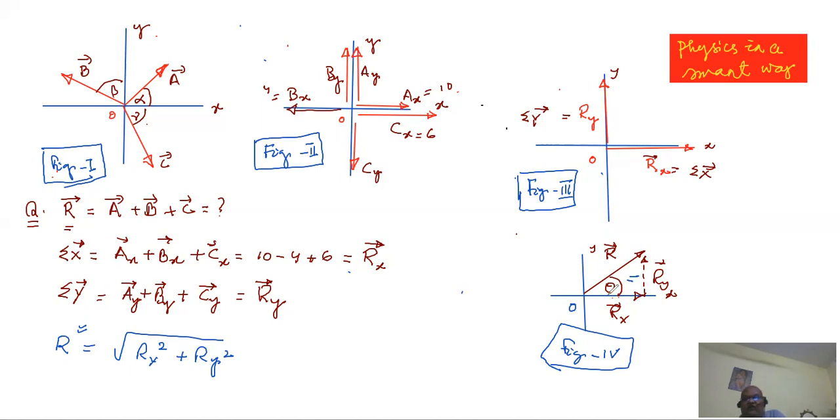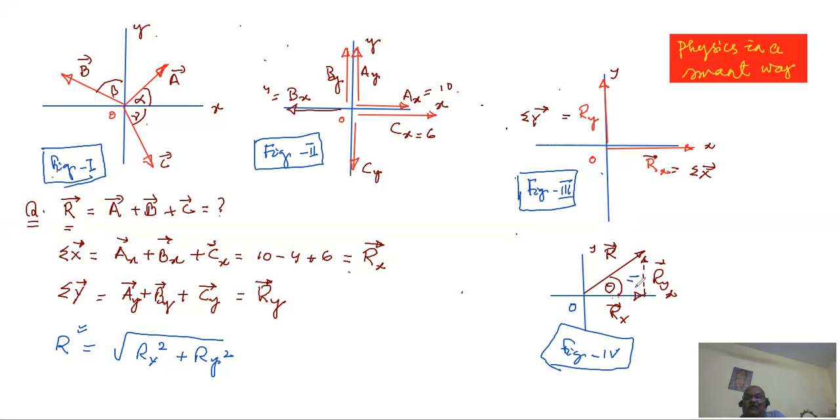And one thing else, only the magnitude is not sufficient to fully know a vector, and here we expect to know the resultant in the complete possible detail. We have to be aware of its direction. Here the direction is given by angle theta, how much the final resultant makes with the positive x-axis.